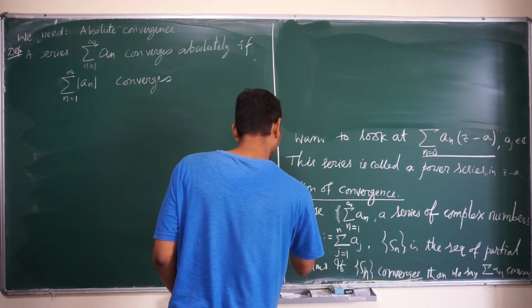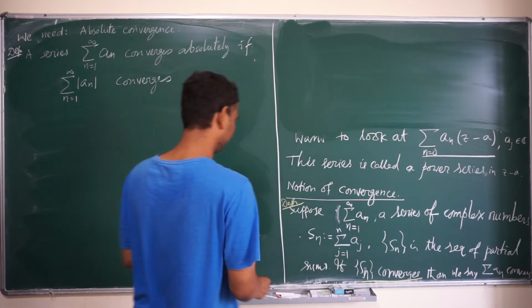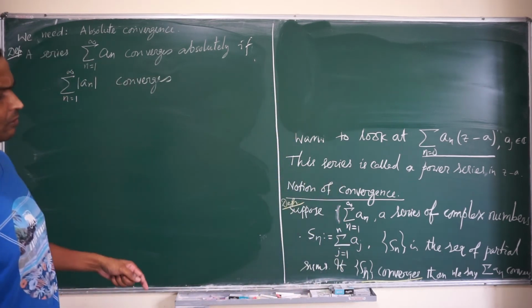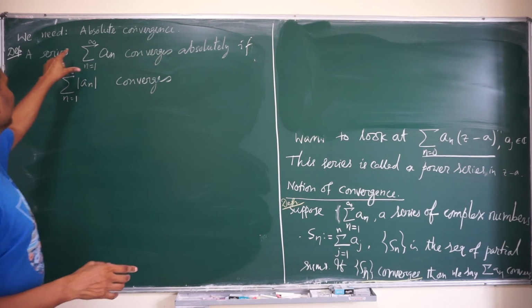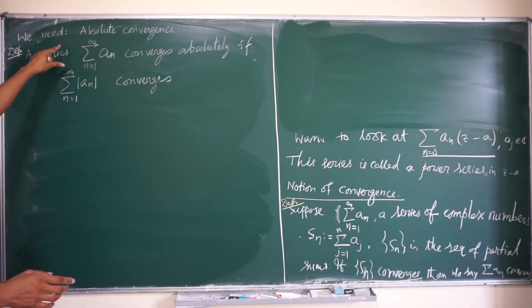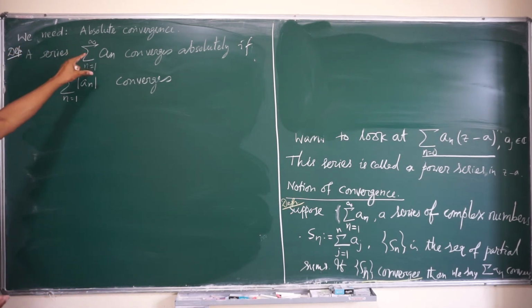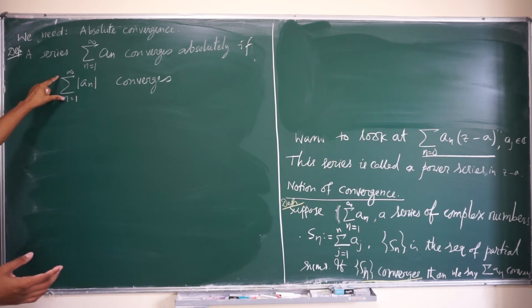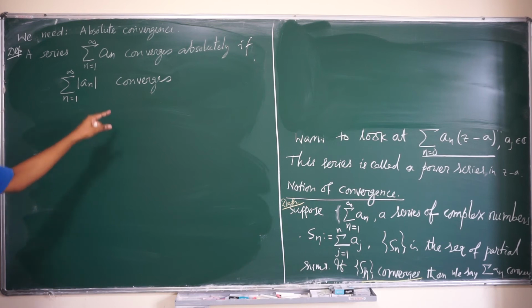This is the definition of convergence of a series that we use. So what we consider is absolute convergence, which means a series converges when you take the sum of the moduli. This will become an important player in our case.